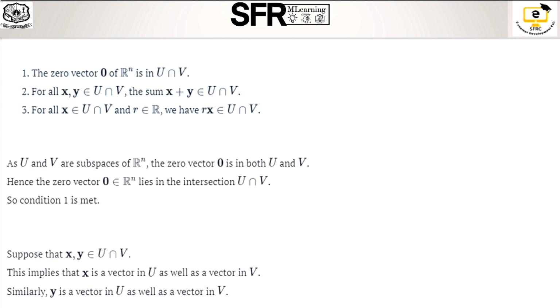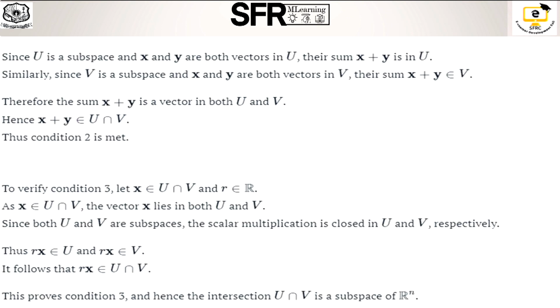Hence, the result is: if U and V are subspaces, then their intersection is also a subspace. Next slide. Here the second and third conditions are also satisfied. Hence, the intersection of the subspaces is also a subspace in R power n.